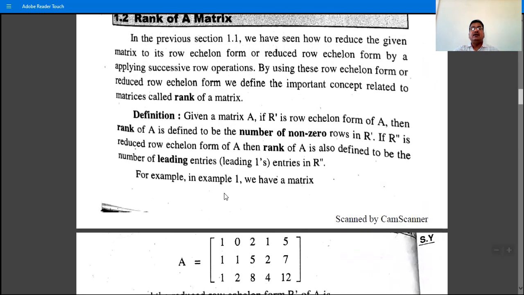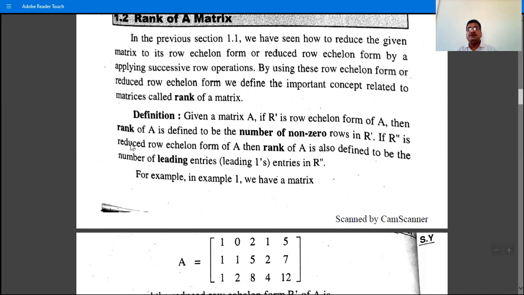Next is the rank of a matrix. For a given matrix A, if R dash is a row echelon form of A, then the rank of A is defined as the number of non-zero rows in R dash. So the simple definition: the rank of a matrix is equal to the number of non-zero rows in its row echelon form.